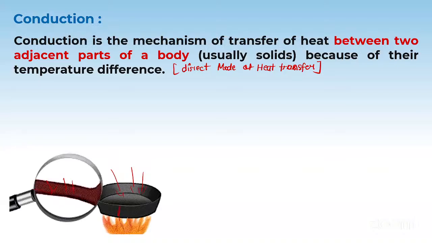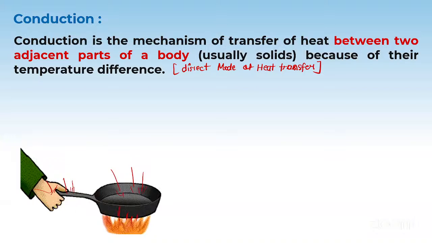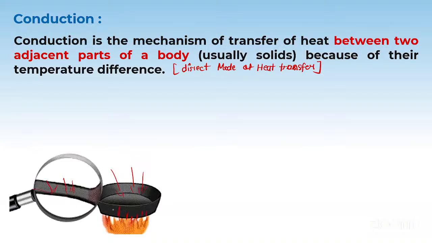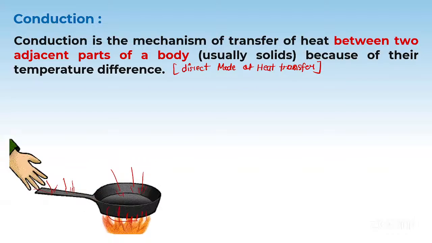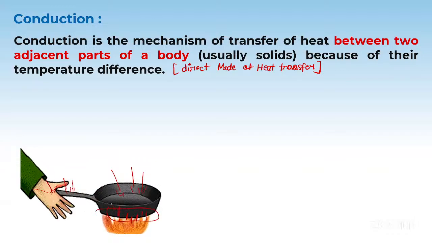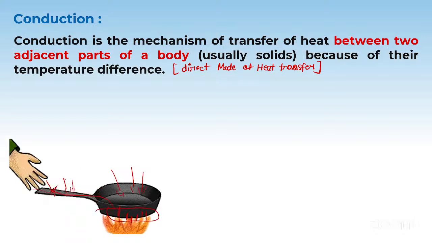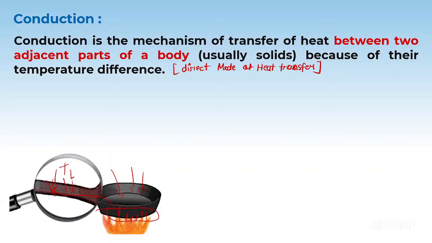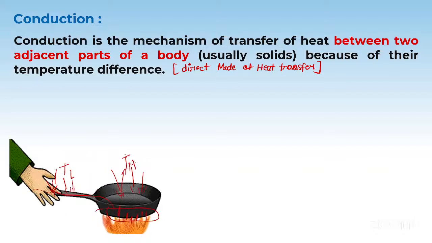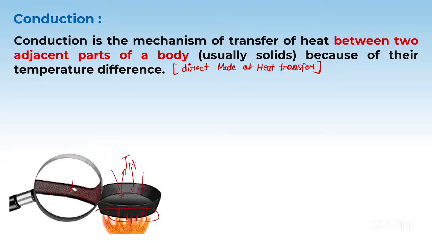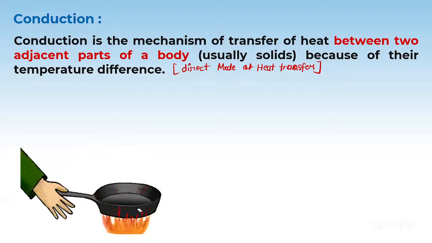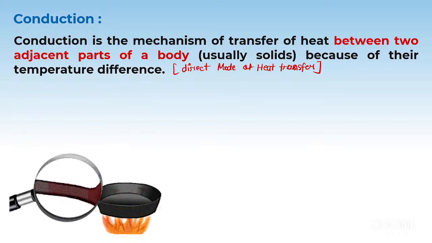Because this is in direct contact with the heat, so heat transfer is taking place at this part which is in direct contact, and then transfers to the other part of the system. Okay, because the temperature of this end will be lower and the temperature of this end will be higher. So higher temperature से lower temperature की तरफ heat transfer will take place. So that mode of heat transfer in which direct contact is required is known as conduction.